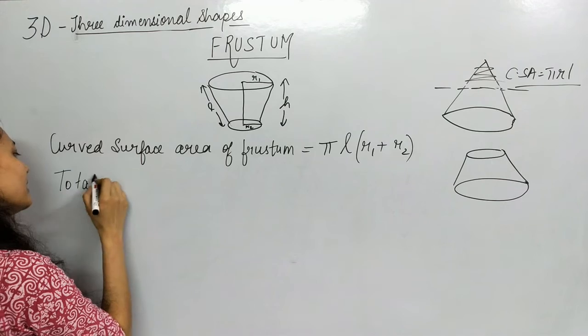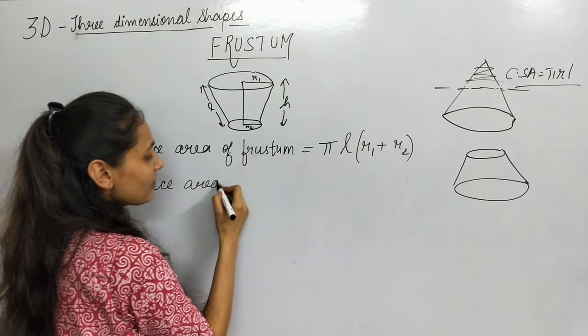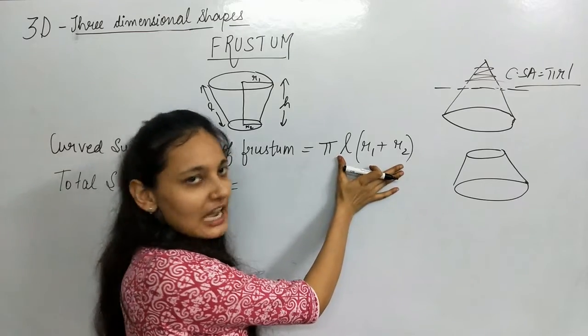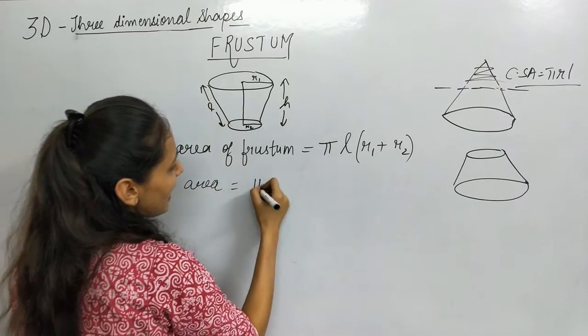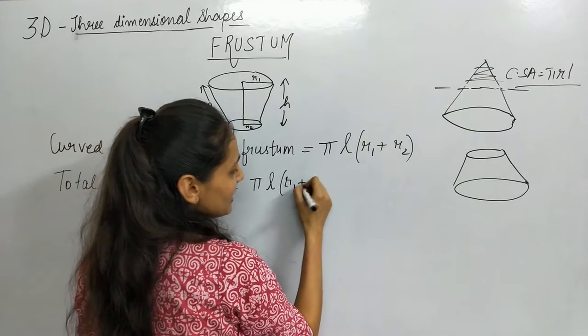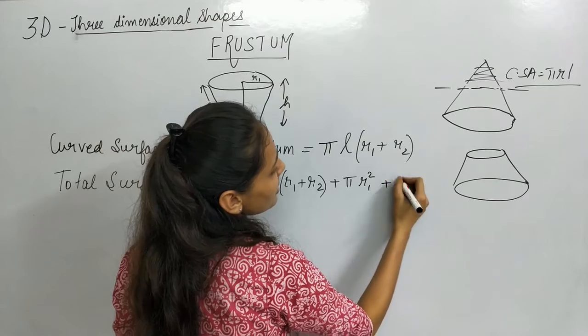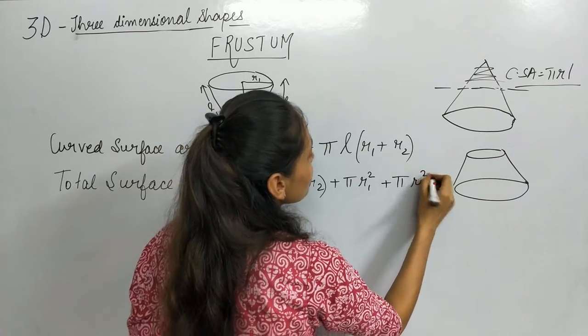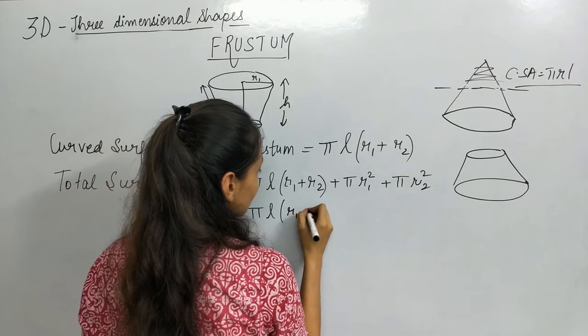Total surface area will be curved surface area plus area of these two ends, top and the bottom, that is pi L (R1 plus R2) curved plus pi R1 square plus pi R2 square. Or you can write it as this.